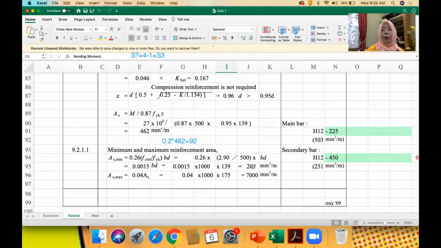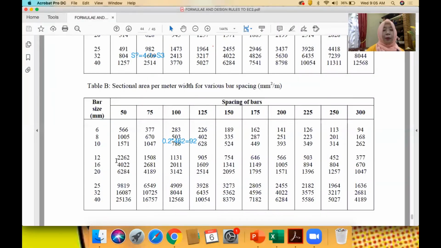Therefore, 209. Look at the table here. 209. Use the same diameter. 209, it's not in the table, but you can calculate.